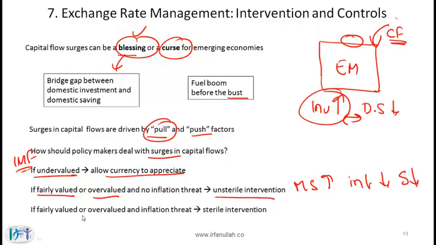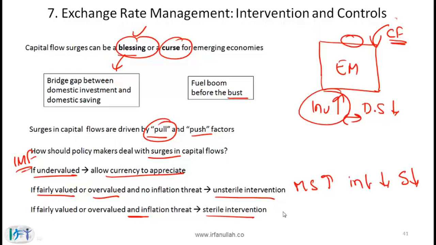If your currency is fairly valued or overvalued and there is an inflation threat, then the IMF recommends sterile intervention. What this means is that the central bank should sell domestic securities to the private sector. When this happens, the central bank is mopping up liquidity.